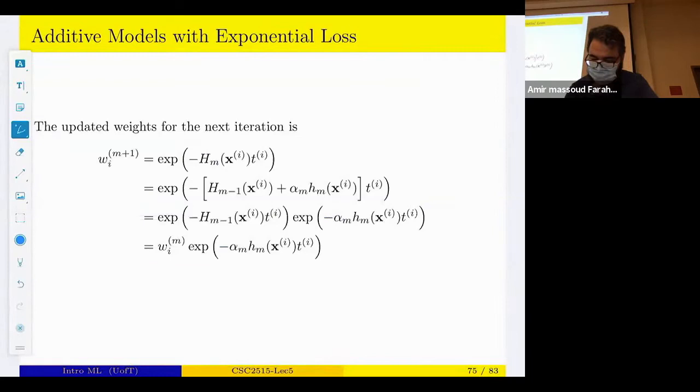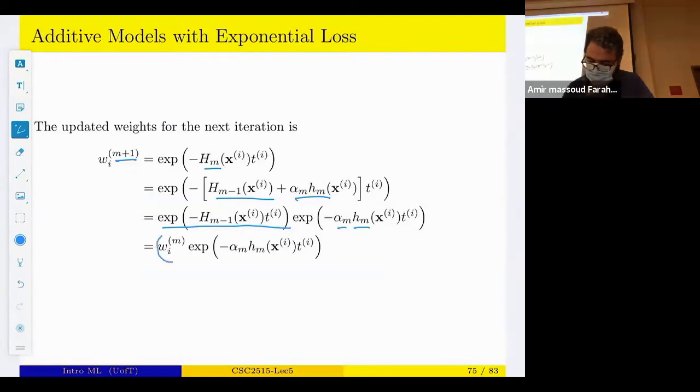Okay, so that's the weight. Wi of M plus 1 is the exponential of minus H M. We divide it into two parts again: the previous part, h of M minus 1, and the new part, alpha M HM. Then we use the property of the exponential function to get a multiplicative form: exponential of minus HM minus 1 t times exponential of minus alpha M HM.